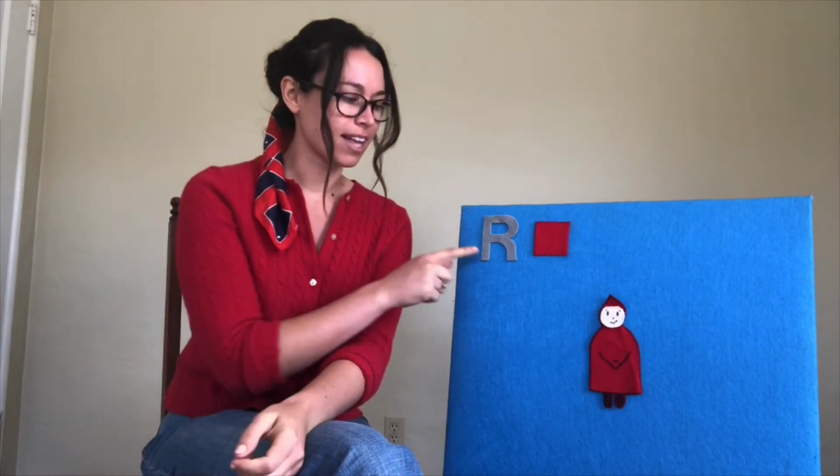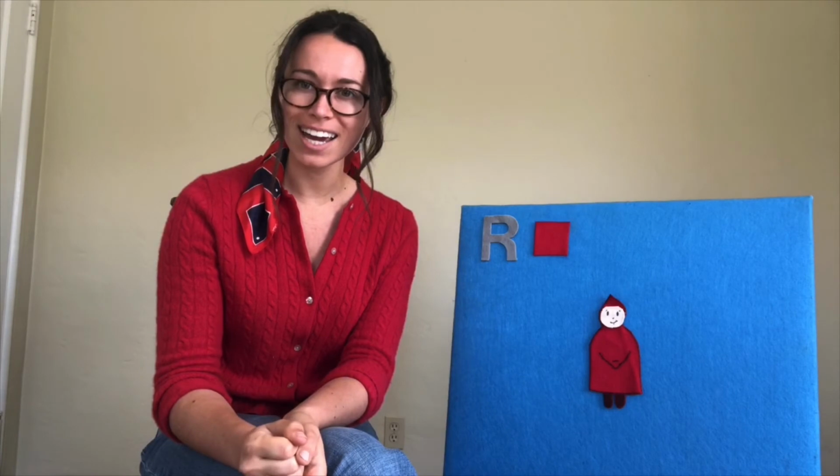And can you think of maybe some words that start with the letter R that had to do with our story today? Little Red Riding Hood. Red and riding both start with our letter R. Great job, you guys.